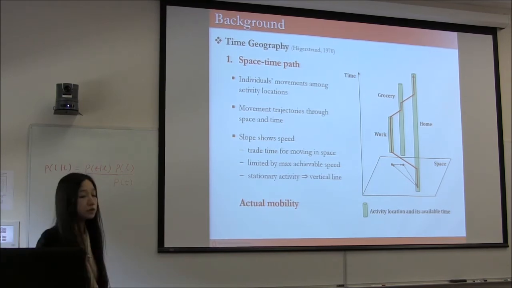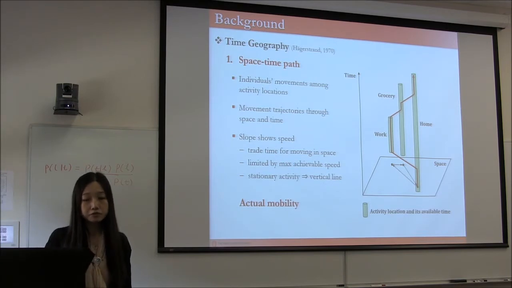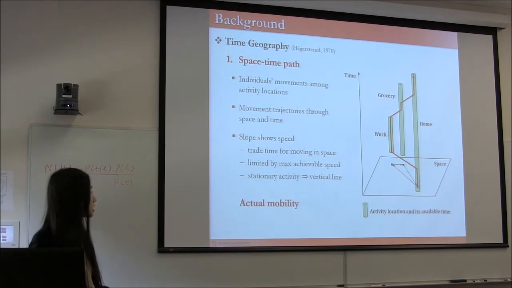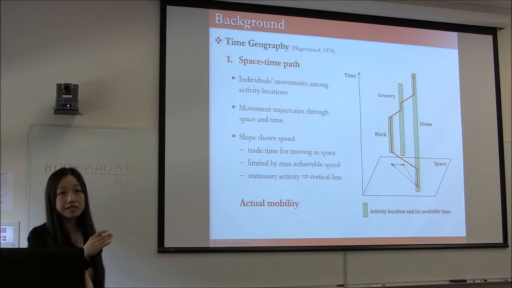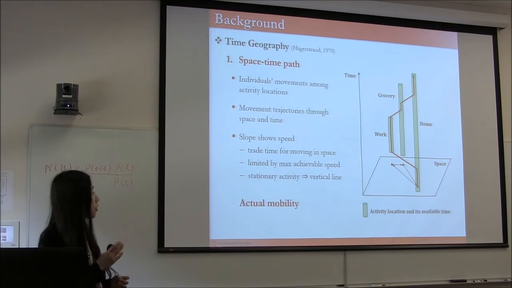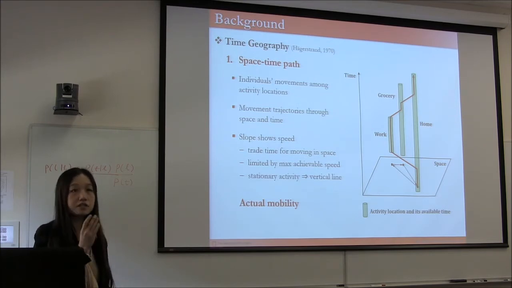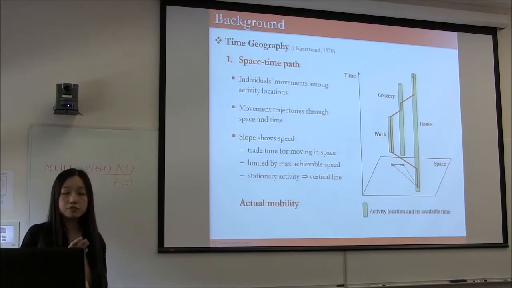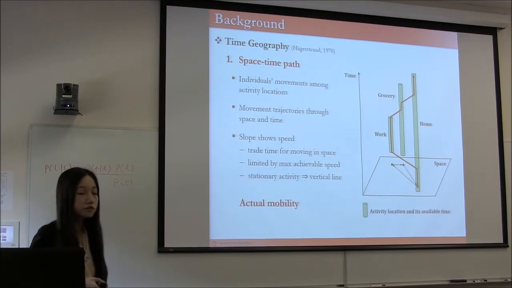In order to move in space, people need to trade time for moving in space. That results in the slope of those trajectories. And if people are conducting stationary activities, the trajectory will show as a vertical line, which means it doesn't move in space, but the individual still moves in time.